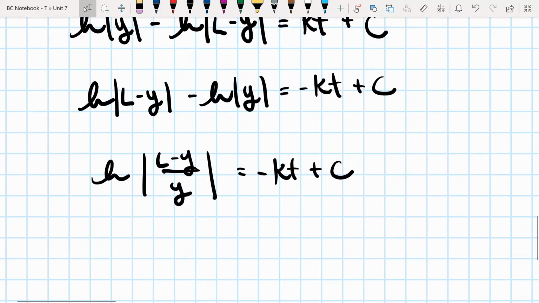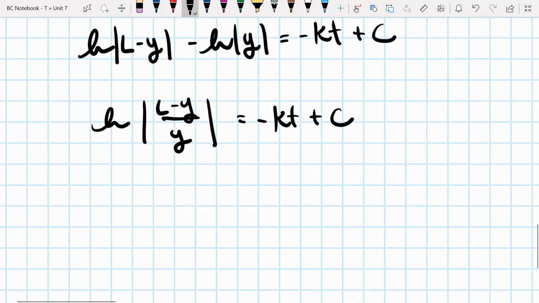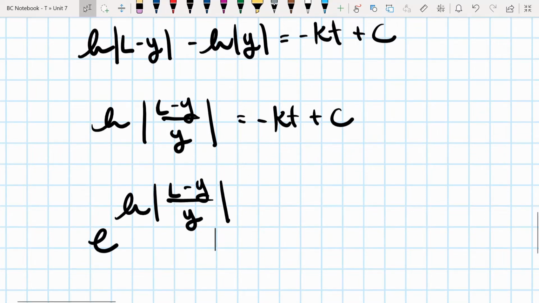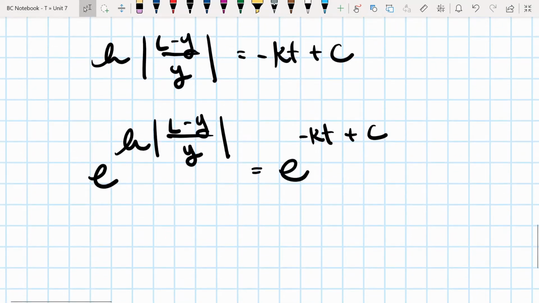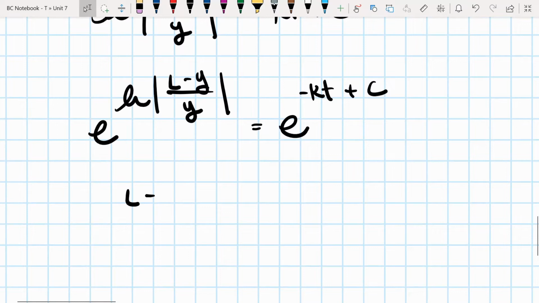Now to get rid of the natural log, we're going to exponentiate both sides. So the left-hand side is just going to become L minus y over y. And the right-hand side, well, what we can do is, we've done this in class a couple times, this c can essentially come down to the front.